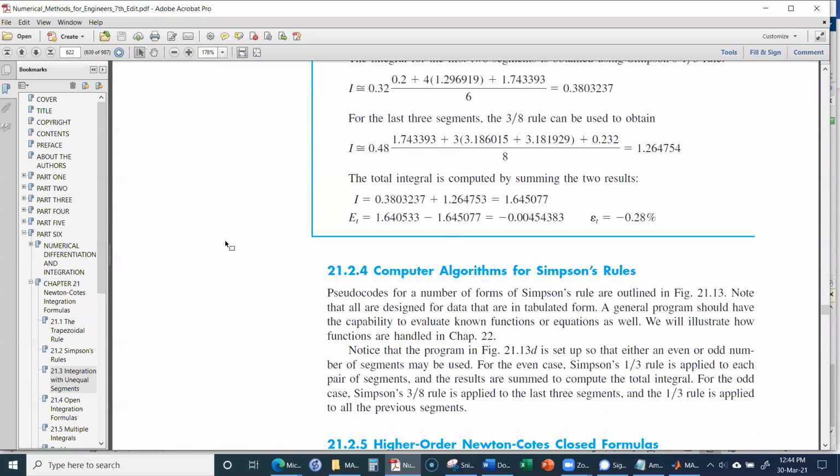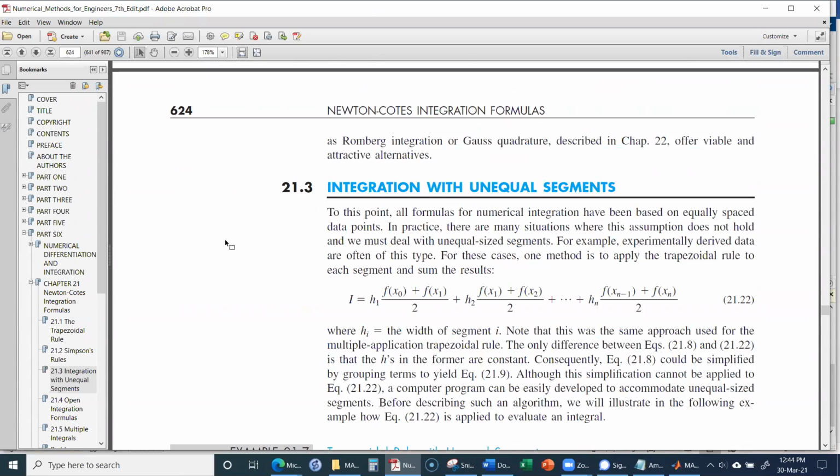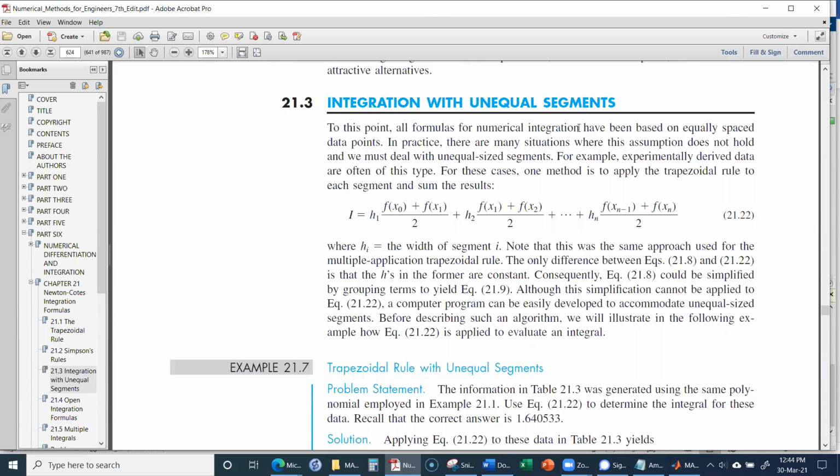Then there is Simpson's 3/8 rule, and then integration with unequal segments. For unequal segments, the trapezoidal rule is more convenient to apply. We don't normally apply Simpson's rule with unequal segments. So if the data has unequal segments, we can apply this formula.